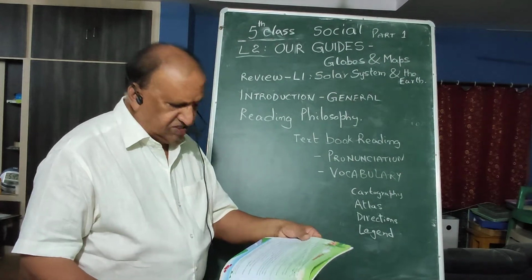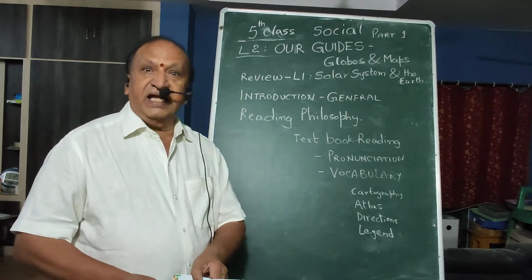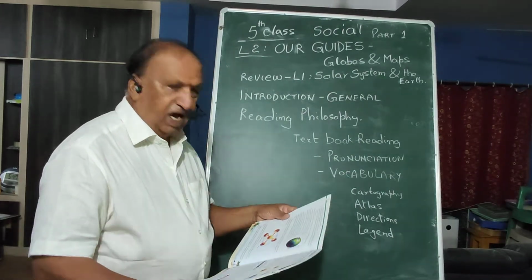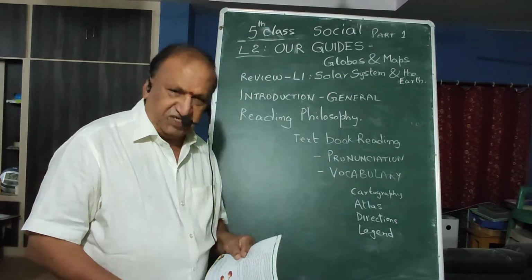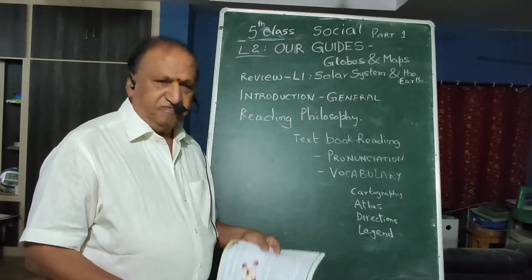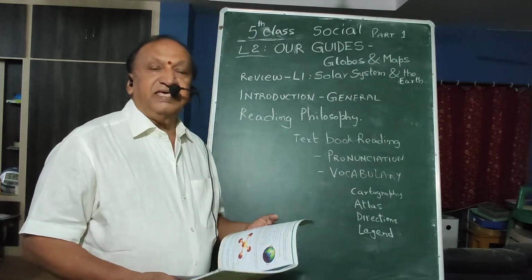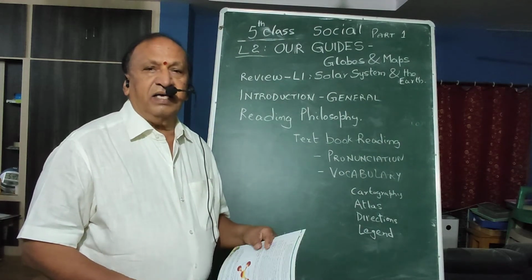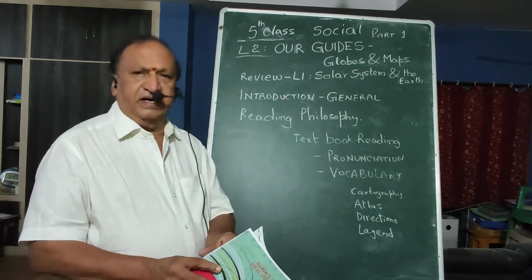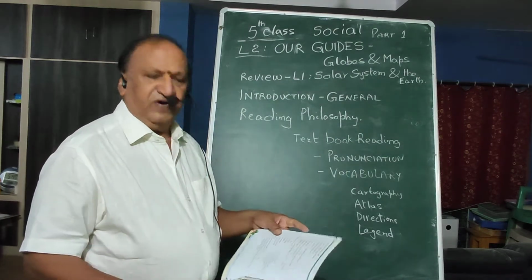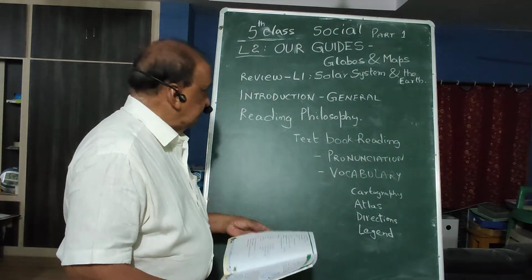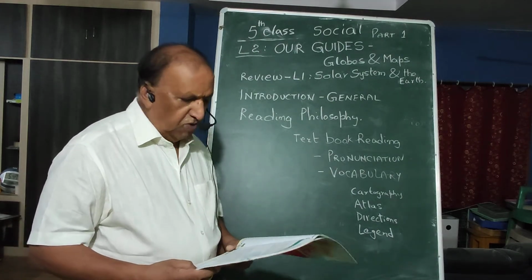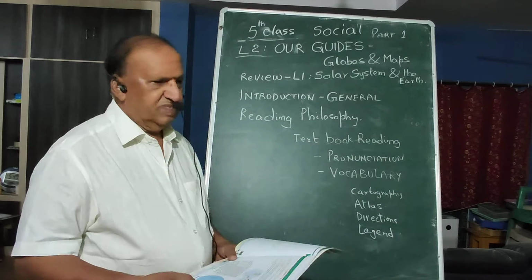We also talked about their relative positions, their sizes, and we talked about rotation, revolution, and the eclipses, solar eclipse and lunar eclipse. They are all covered in the first lesson. In this lesson, we are going to talk about globes and maps.